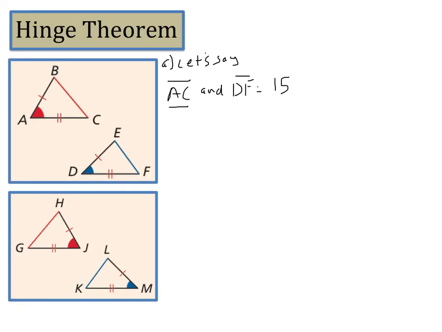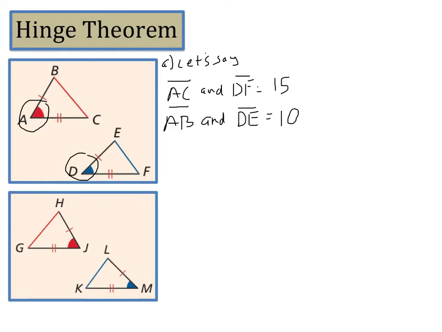And let's say that segment AB and segment DE equaled 10.